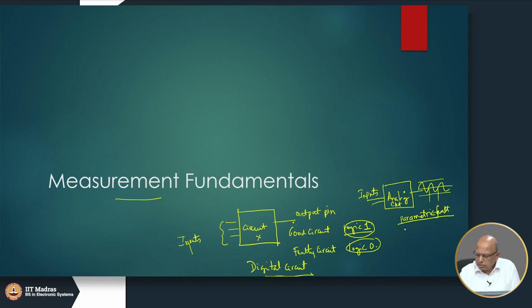Or if there is a catastrophic fault, then the output may be completely different. It may saturate to some value, it may produce a DC value of whatever VCC was, right. If the VCC is 15 volts and minus 15 volts, the output may not even show a sinusoidal, it may show you something close to 15 volts or something close to minus 15 volts. So, the output is very different from what is expected, right.